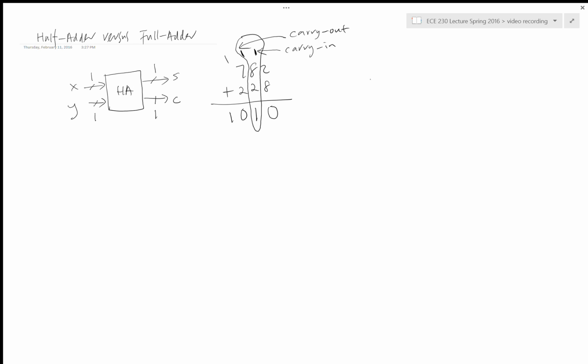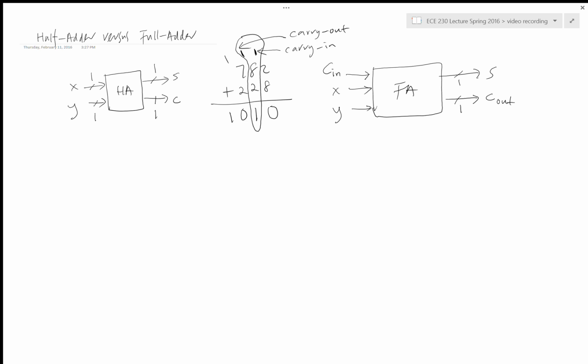So for it to be more general purpose like this, what we need is a full adder. It's capable of generating a carry and a sum, each 1 bit. It's capable of taking an x, a y, the second number, and also taking a c in, and we're going to relabel this as c out.